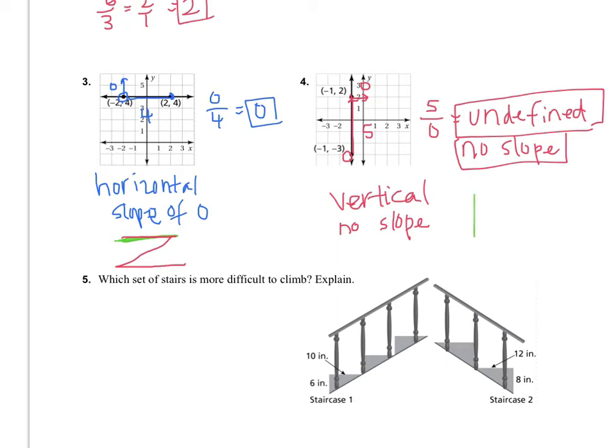This is a vertical line. This is also the beginning of a letter N for no slope. Vertical lines have no slope. So hopefully that helps you. If you still can't remember it, it's just a little remembering tool for you to keep the difference between vertical and horizontal, no slope and zero slope.